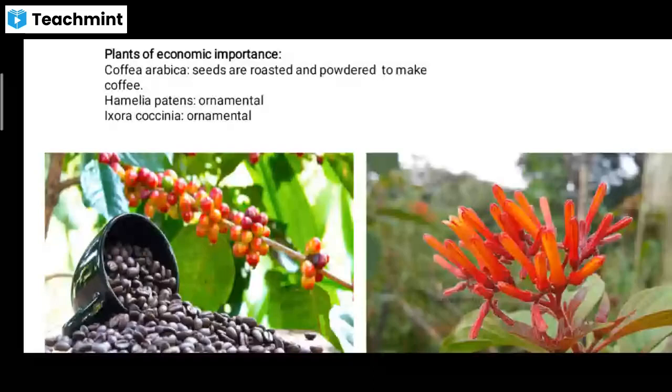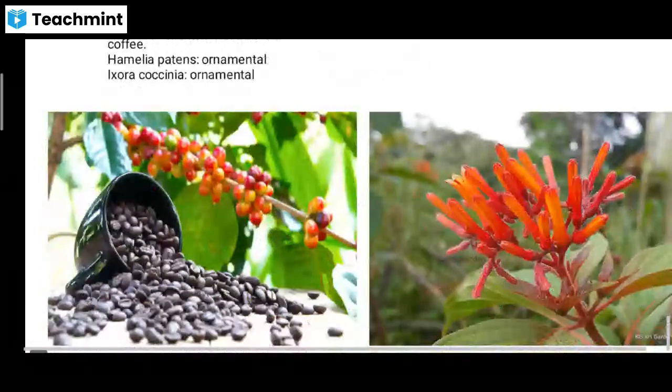Also, Ixora coccinea is also used as an ornamental because it has different shades of flowers, that is pink, yellow, white, red. So it has attractive flowering, so it can be grown as an ornamental plant. So this is all the information regarding the family Rubiaceae.